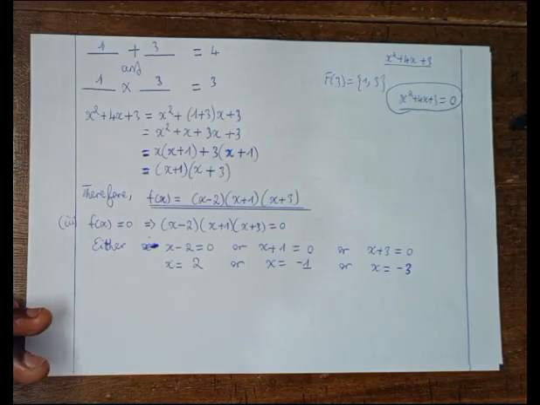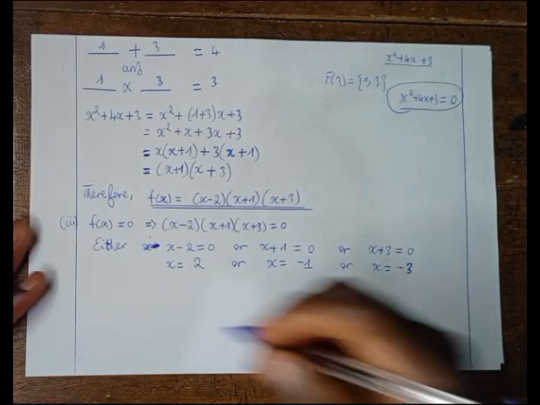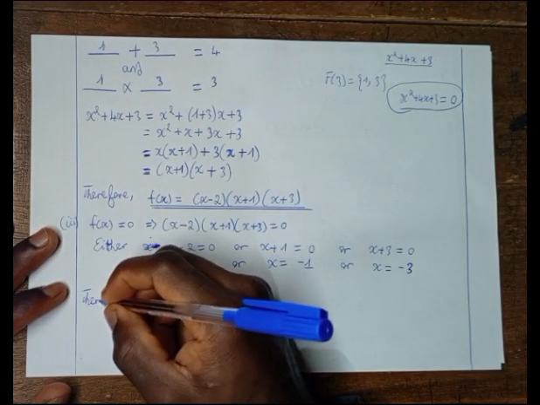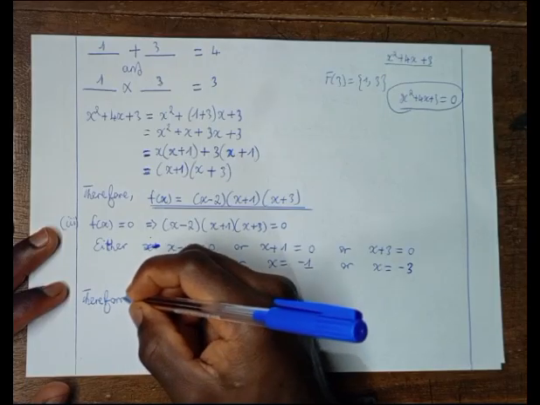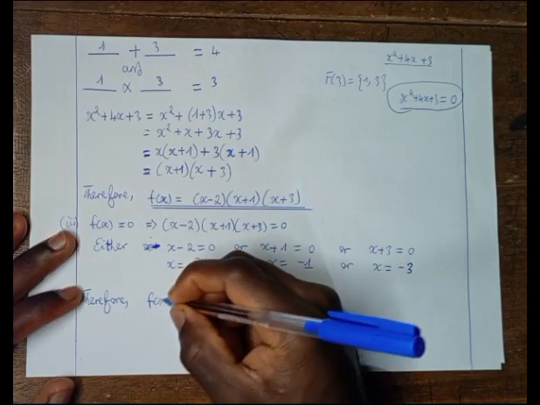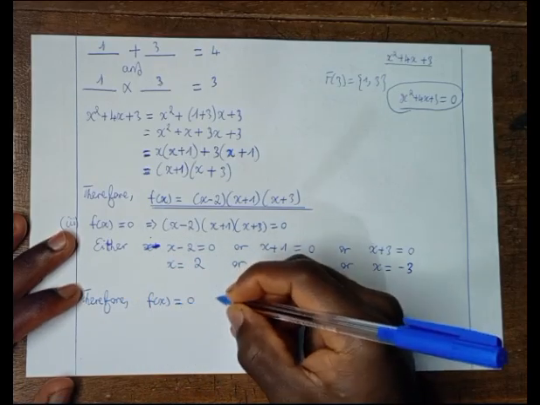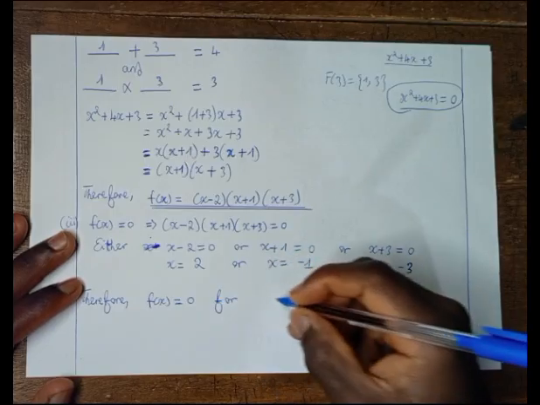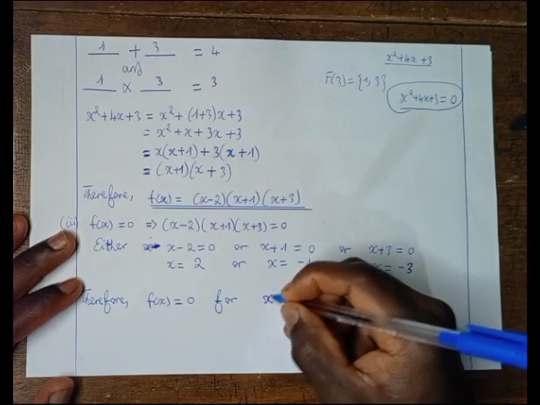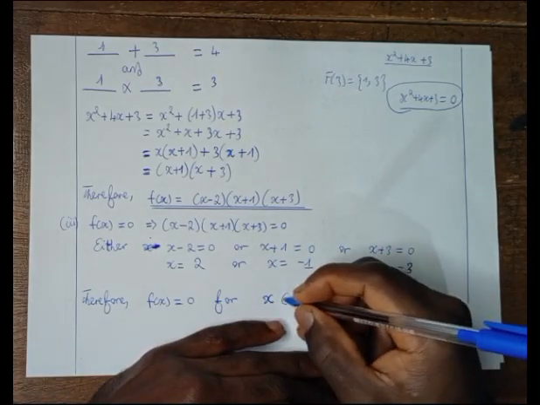Next, we are going to write down the conclusion. Therefore, f of x is equal to 0 for x belonging to the set.